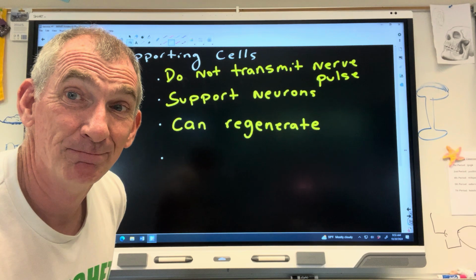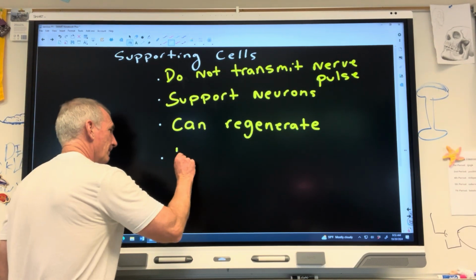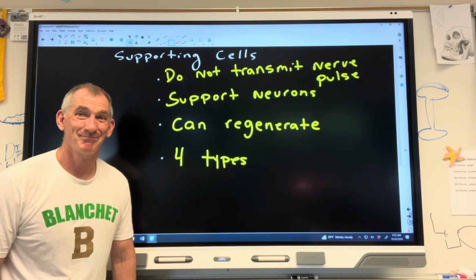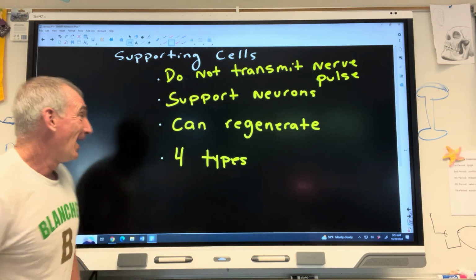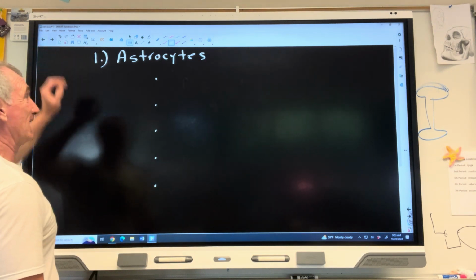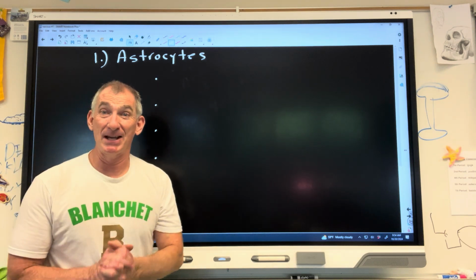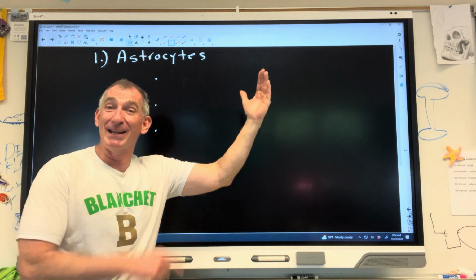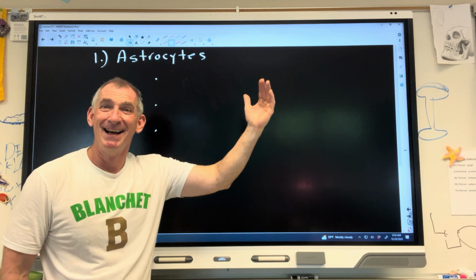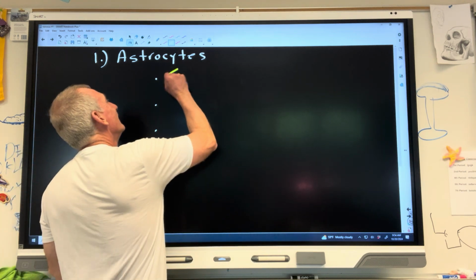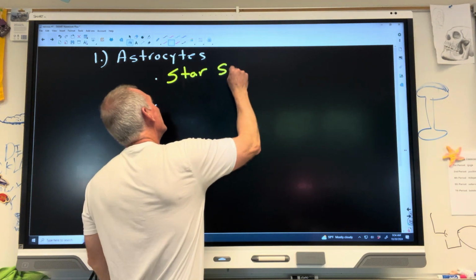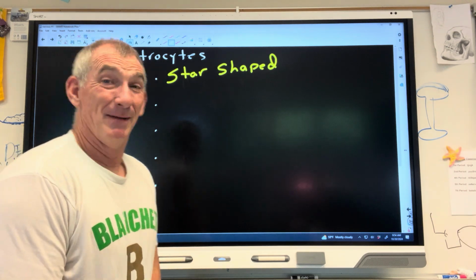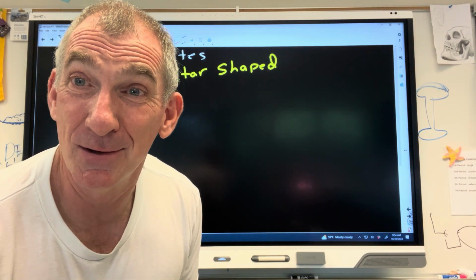Next bullet: there are 4 types. Turn the page. Now, there are the 4 types. The first type of supporting cell is called the astrocyte. Can you guess why they're called astrocytes? Yeah, because they're star-shaped. I'm telling you, 5 weeks of material for this unit.